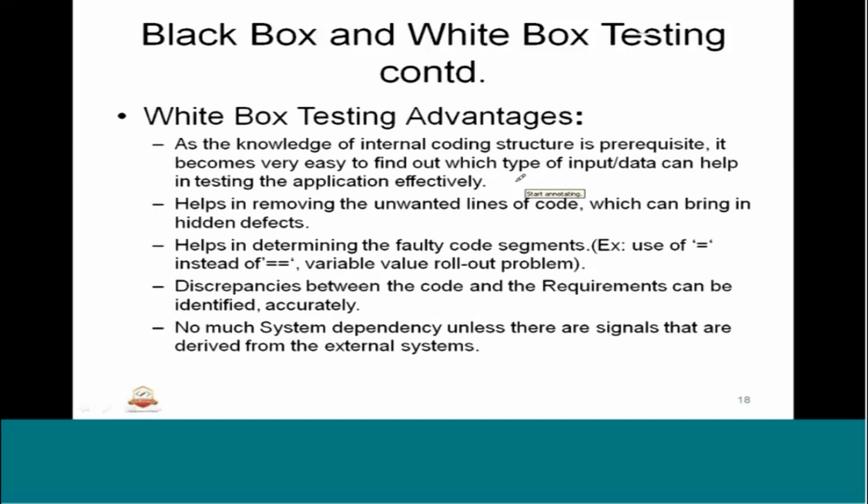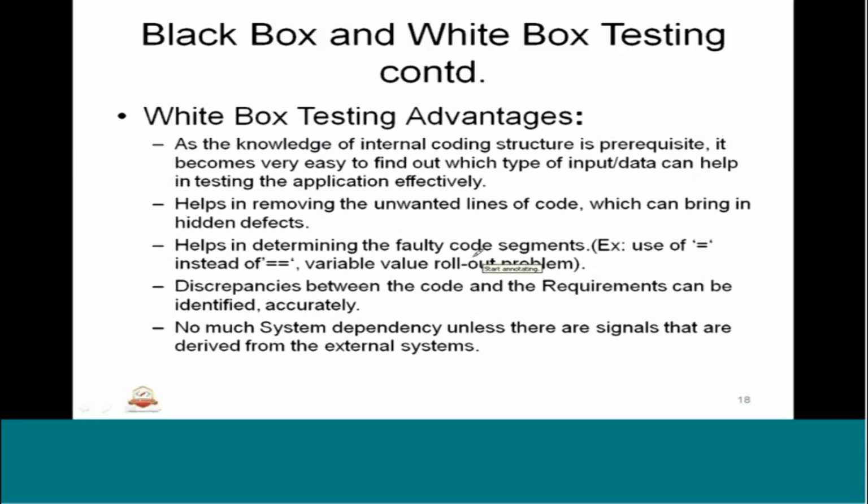So all this will be easier and we can test it efficiently. White box testing techniques also help in removing unwanted lines of code. That means we know which lines of code are responsible for what functionality, which are not, and what defects we have underneath the program. All can be discovered with the help of white box testing.